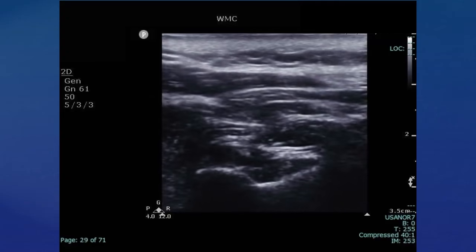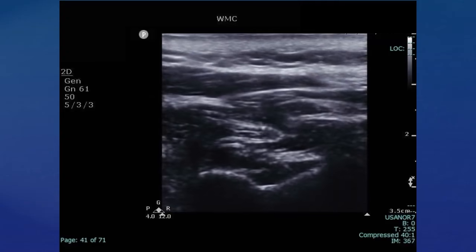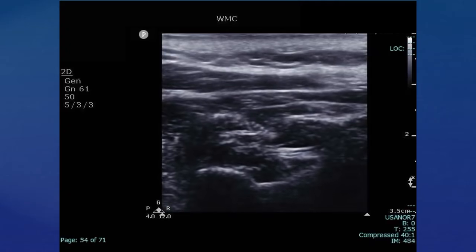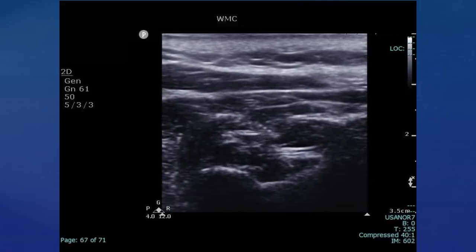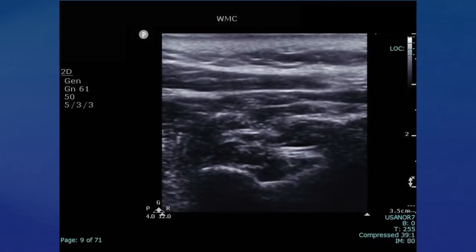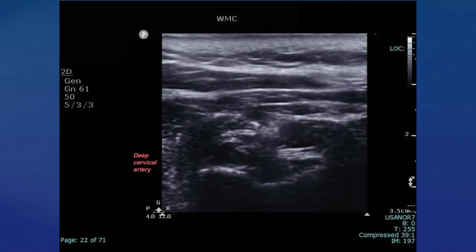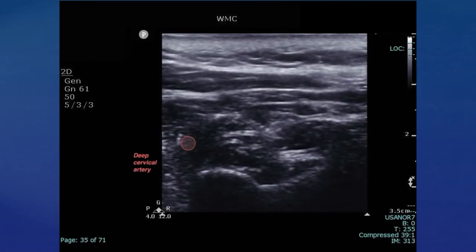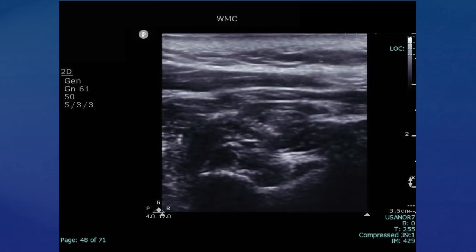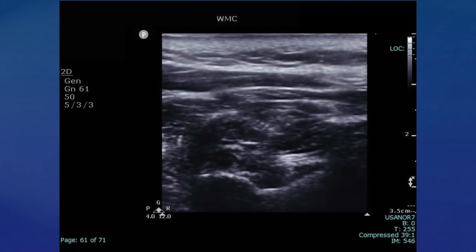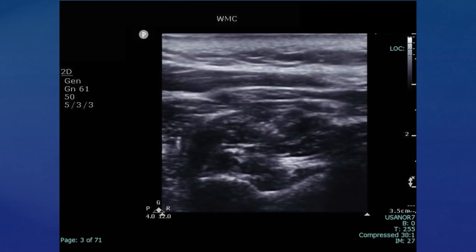In general, the CCeP is a bright fascial layer under ultrasound, which is easy to identify. You can identify the deep cervical artery on the left corner.